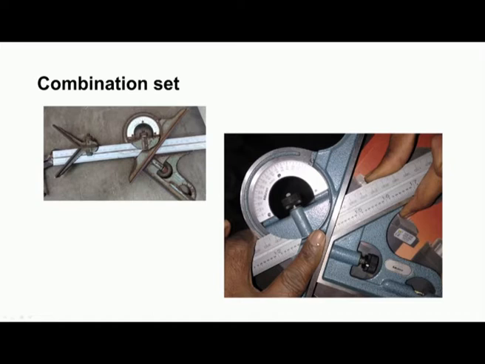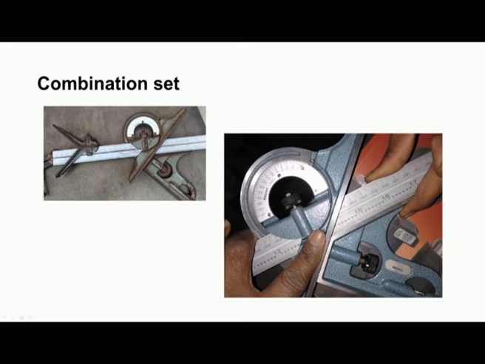Now, we have to insert the workpiece whose angle is to be measured. For example, this is the workpiece, and the angle between this particular surface and this particular surface we want to measure. The workpiece is placed between the steel rule and the blade, and there should be intimate contact between the workpiece surfaces and the blade surfaces.